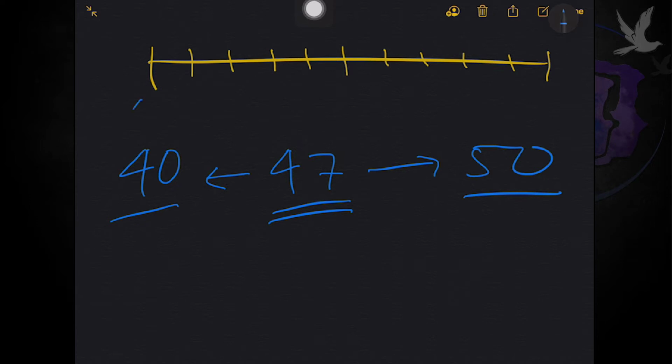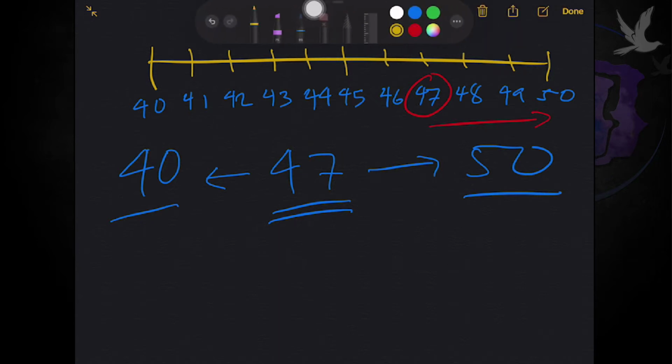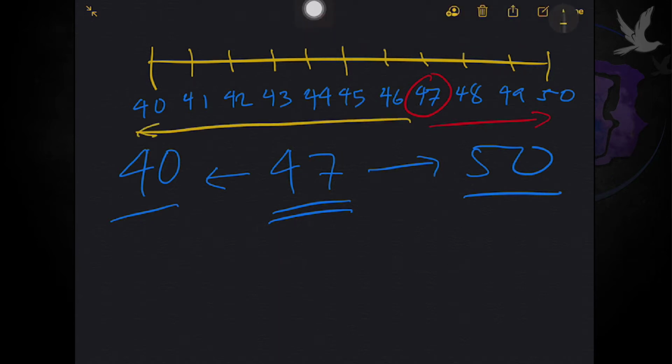For example, 40, 41, 42, 43, 44, 45, 46, 47, 48, 49, 50. Okay? So, if you can identify 47, we have 47 over here. It is either near 50 or 40.